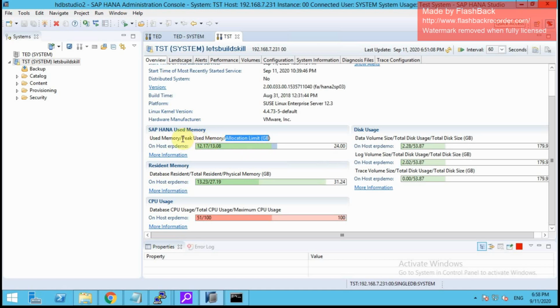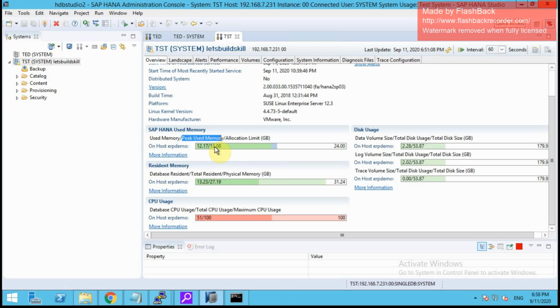Now coming back to peak used memory. Peak used memory in this case is 13.08. It is the memory used by the HANA database sometime back in time at the maximum level.